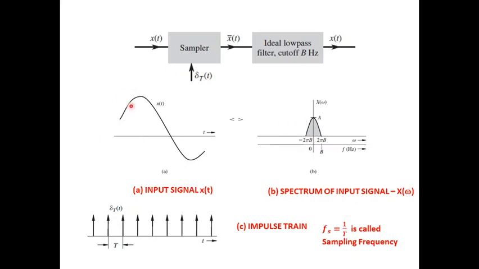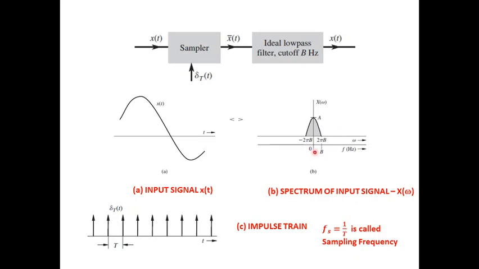This figure shows x of t, the input signal in the time domain, along with its corresponding Fourier spectrum x of omega. The spectrum of x of omega for this sinusoidal signal is given by a spectrum like this, which can be obtained by applying the Fourier transform to the signal.